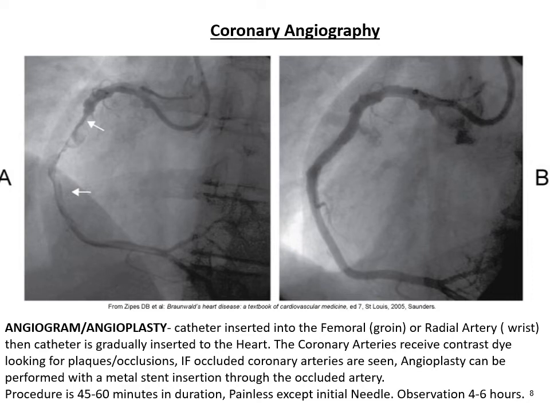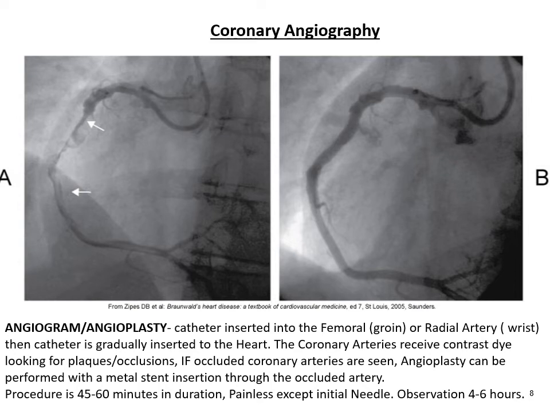There is obviously some pain involved in getting the catheter into the wrist or the groin, but after that, it's really a painless procedure. We typically observe people afterwards for 4 to 6 hours, mainly to make sure they're not bleeding from the arterial puncture, whether it's in the groin or the wrist.